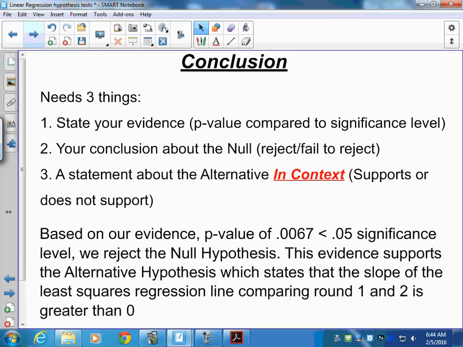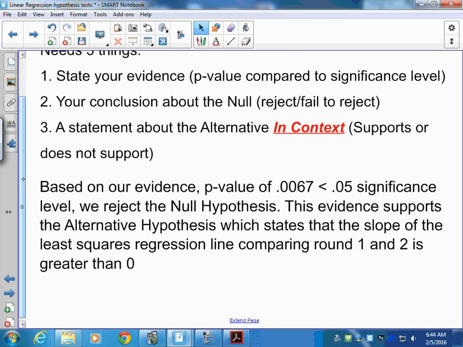And then finishing up. Same finish for every hypothesis test, no matter what the situation. State your evidence that leads you to your conclusion about the null. And then once you've made a conclusion about the null, you're going to make a statement about the alternative in context. So here's our conclusion down here based on our evidence.